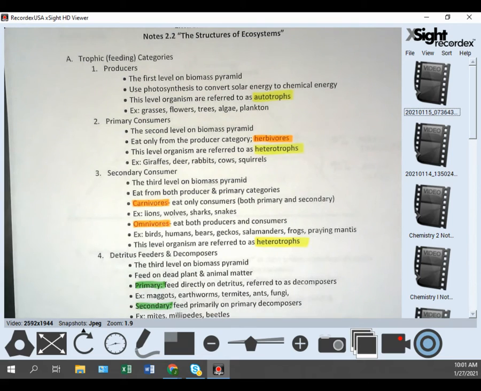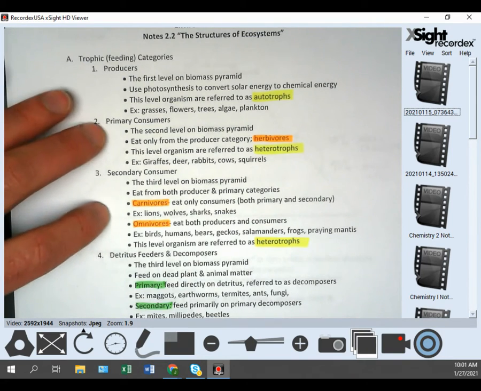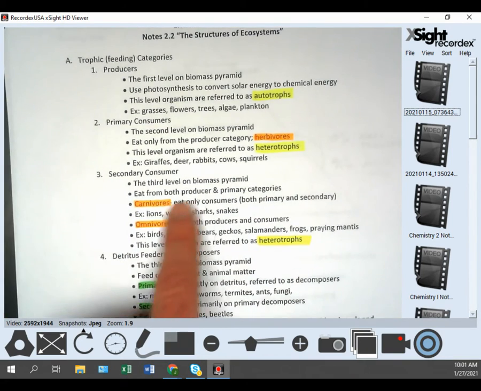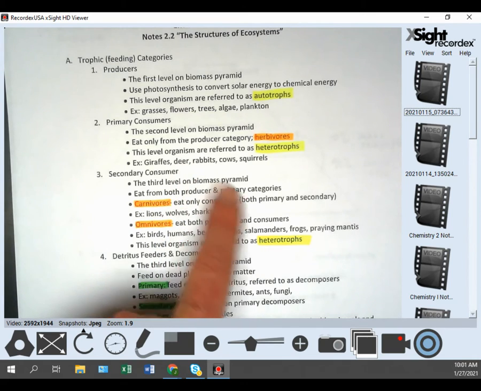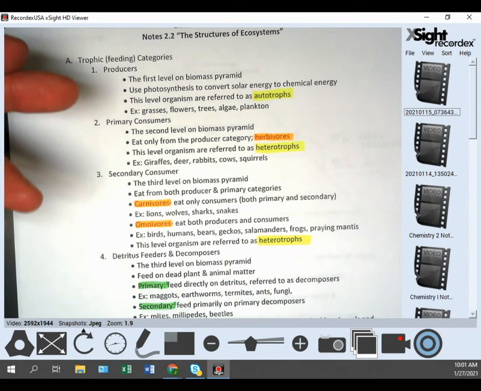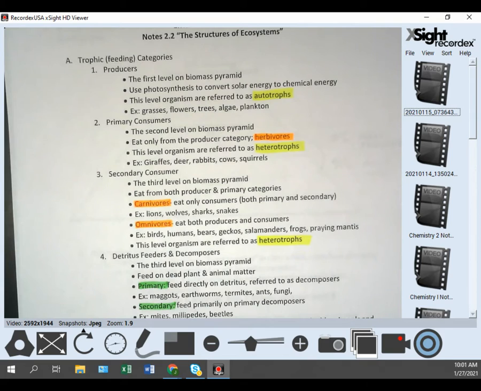But I don't really worry about that. I just split them into primary and secondary. So secondary will eat from both producer and primary categories, or one or the other.